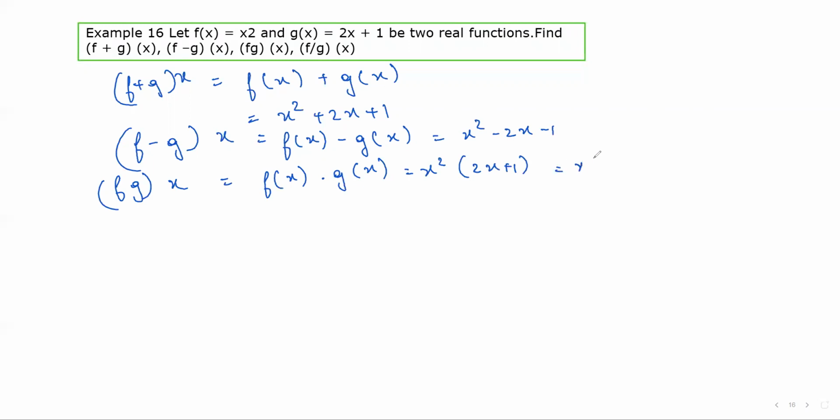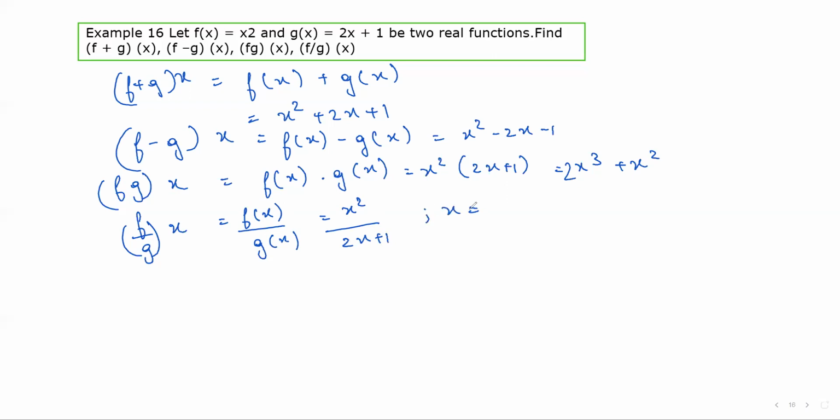This is 2x cubed plus x squared. f upon g of x would be f of x upon g of x. This is x squared upon 2x plus 1. The only condition over here is that the denominator should not be equal to 0. So x should not be equal to minus 1 by 2.